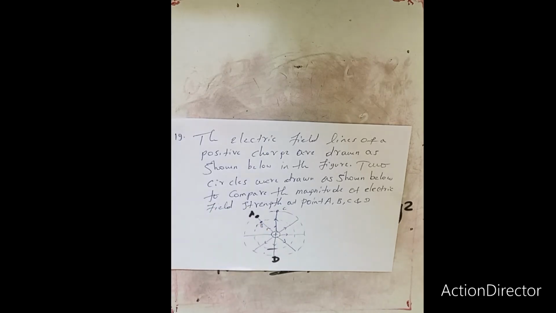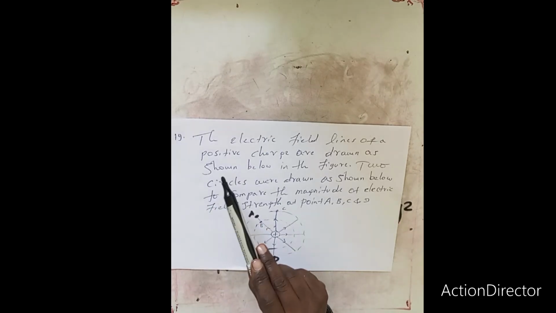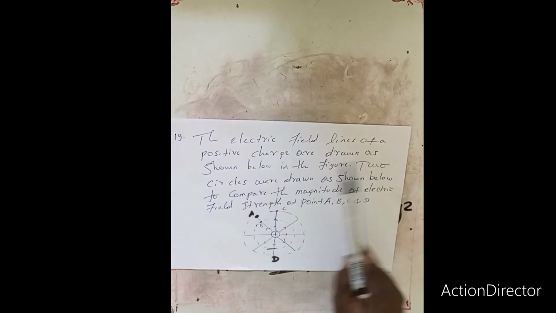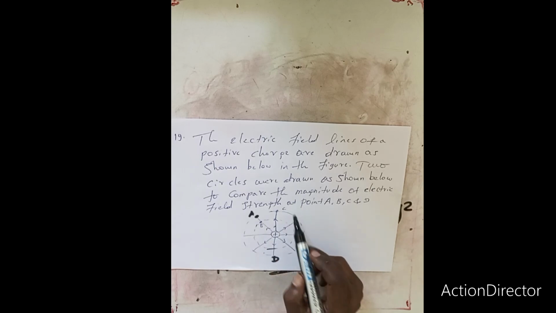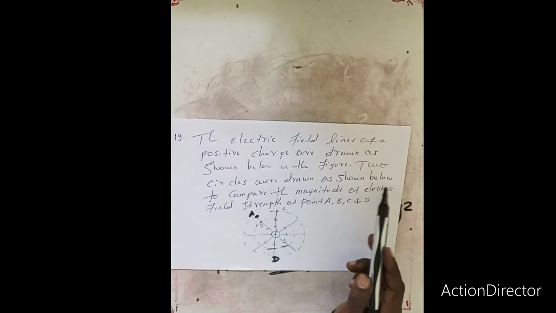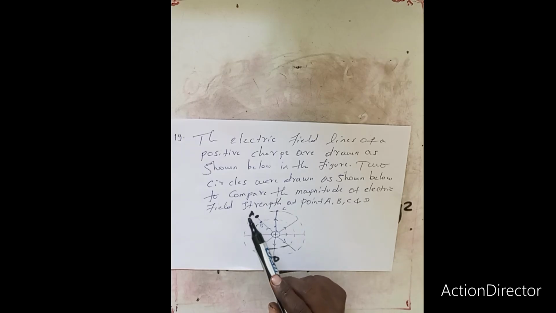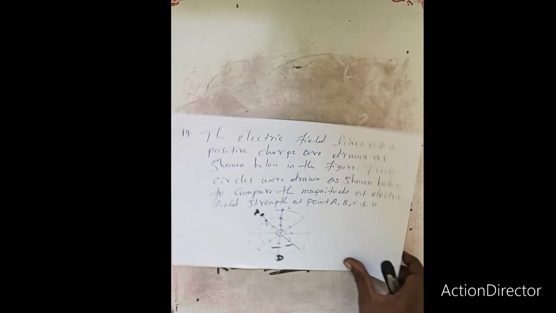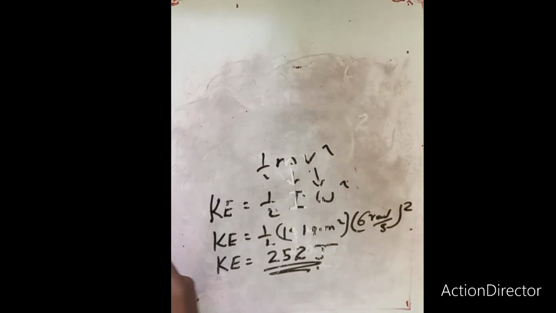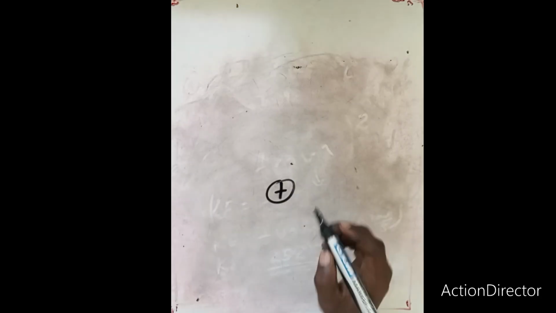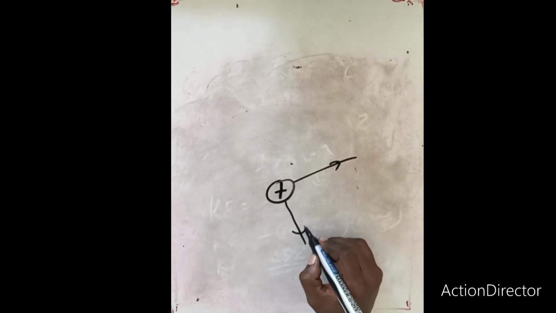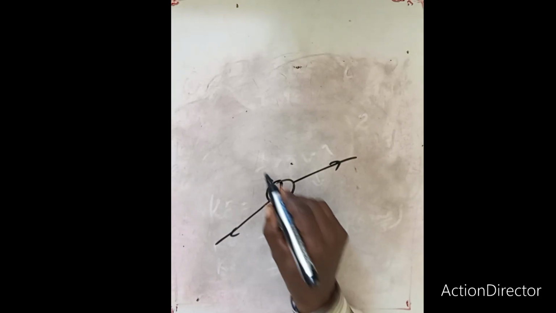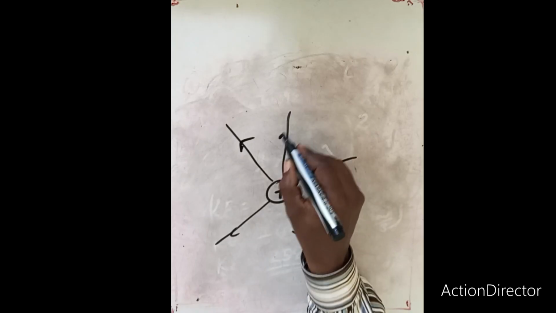So question number 19, the electric field lines of a positive charge are drawn as shown below in the figure. Two circles were drawn. This is the first circle and the second circle. Compare the magnitude of the electric field strength. Okay, now let's see. This is a positive charge, so there is an electric field which is coming out from it.